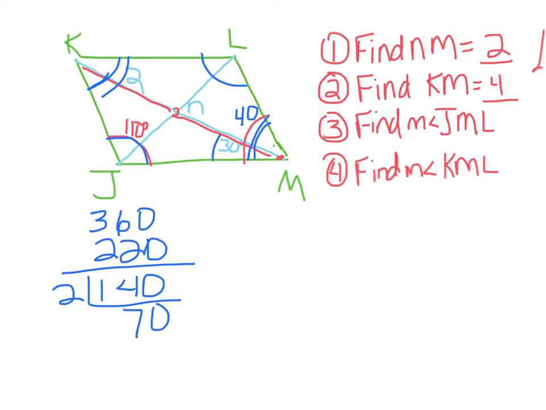So if we want the entire angle JML, this whole thing right here, then we will find that that is 70 degrees. The angle KML, this angle right here, we figured out was 40 degrees.